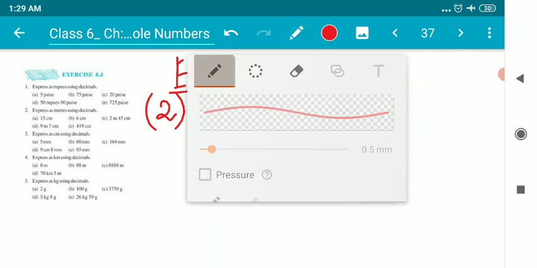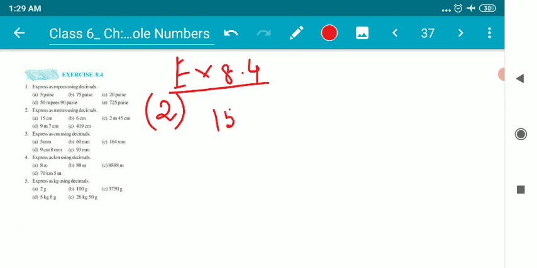Now, as the question is 15 centimeter, children, if 1 centimeter is equal to 1 by 100 meter, then what about 15 centimeter? Children, we will simply multiply 15 with 1 by 100.